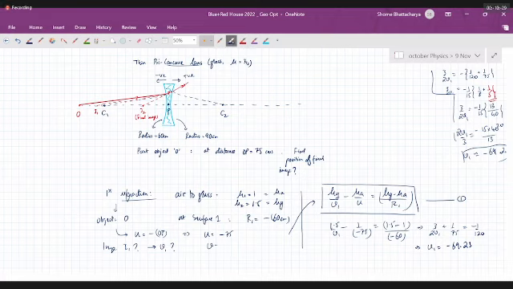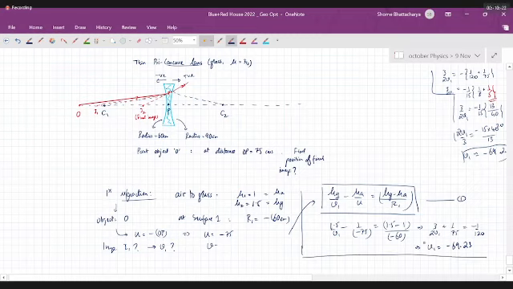Okay. So now let's come to the calculation for the second refraction. So this is the first refraction's answer.